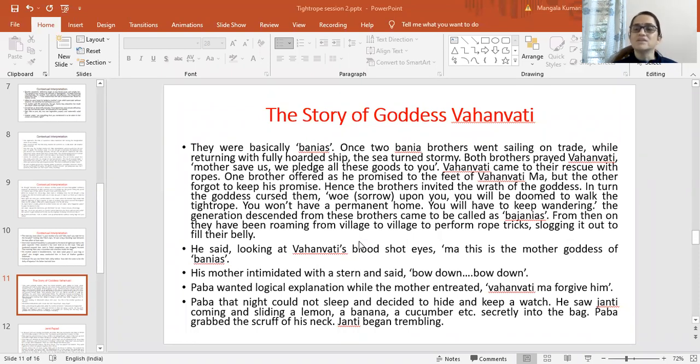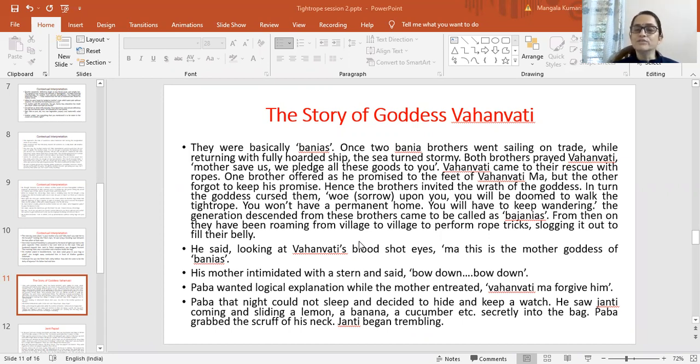He remembers that myth. According to the story told by his father, these Bajanias were basically Banyas before. Once two Banya brothers, that means their forefathers, went sailing on trade over the sea.